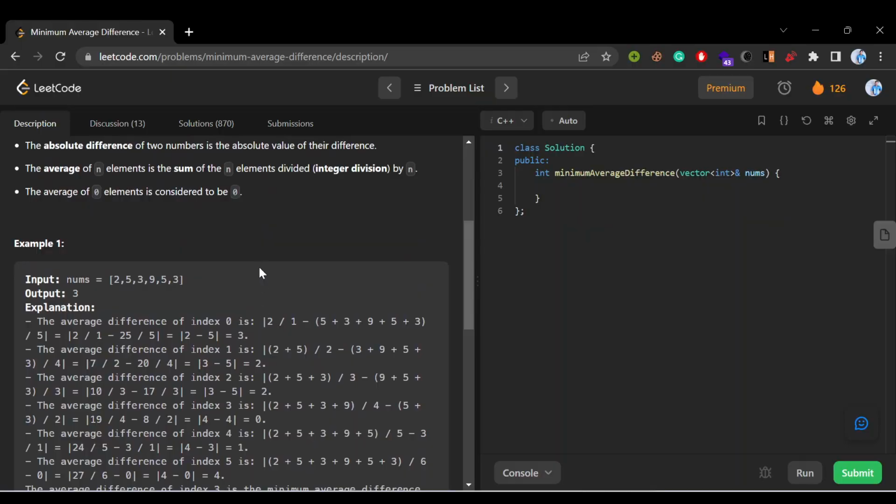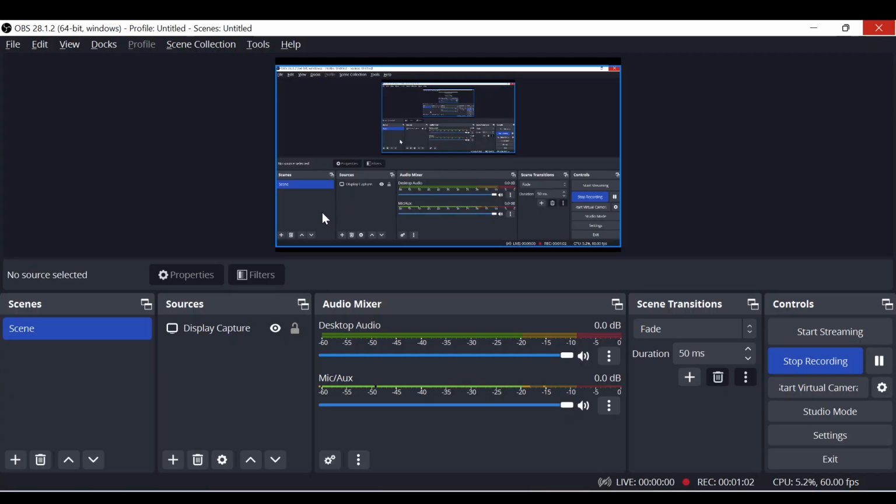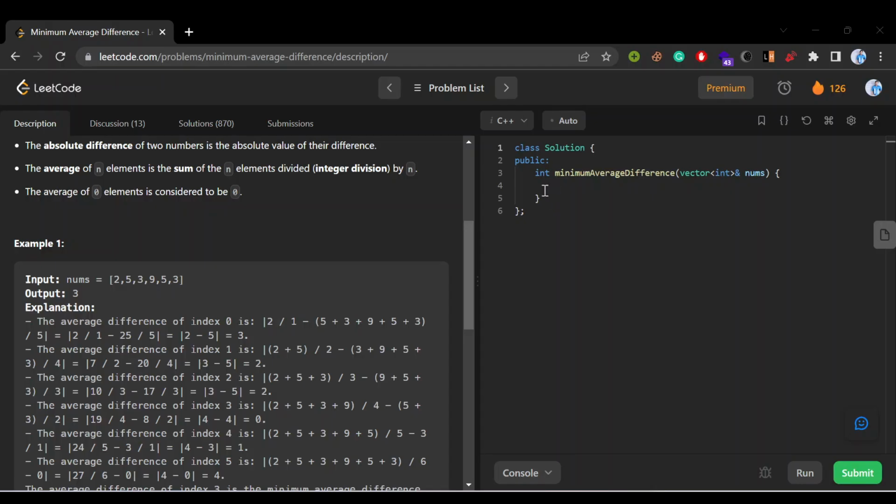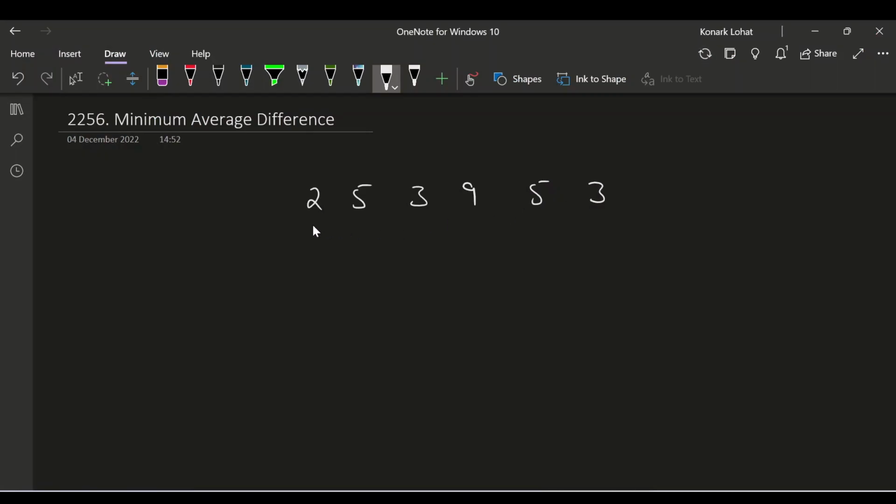Okay. So what this question says is that you are given this test case, let's say 2, then you have 5, then you have 3, then you have 9, you have 5 and 3, right? And the indexes are 0, 1, 2, 3, 4 and 5. Fine. Now for every index, let's calculate the average difference.